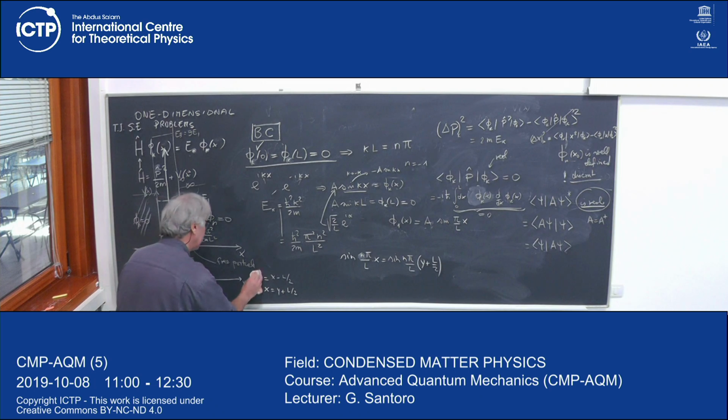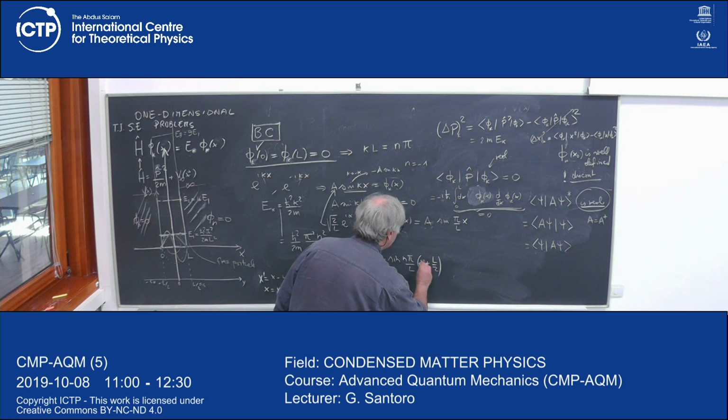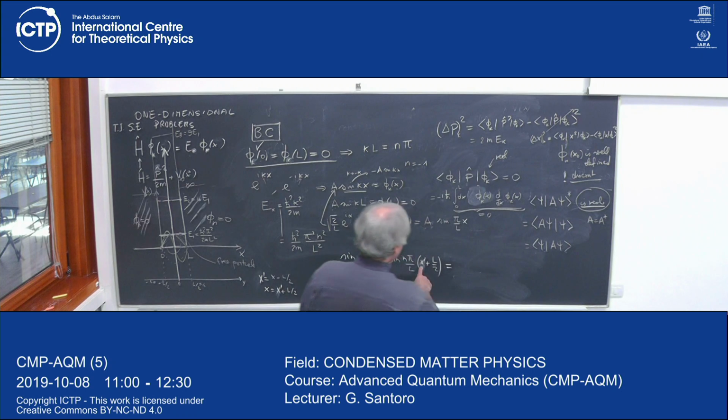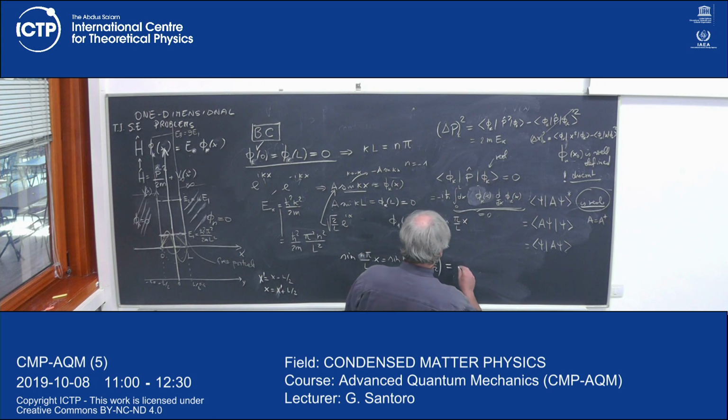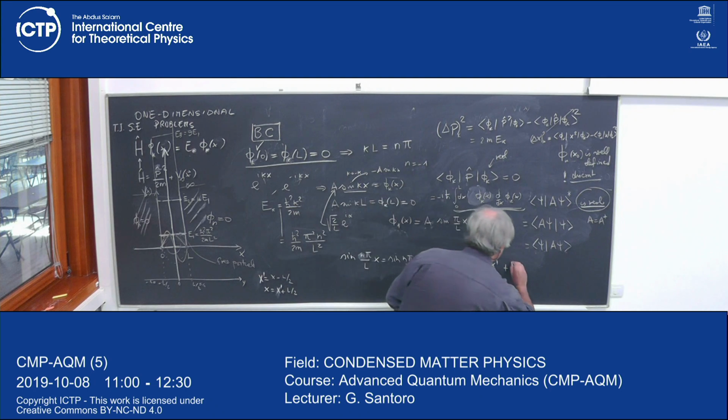Okay, let's call it x prime. With the new choice of the origin, this is the sine of n pi over L x prime plus, L and L goes, n pi over 2.